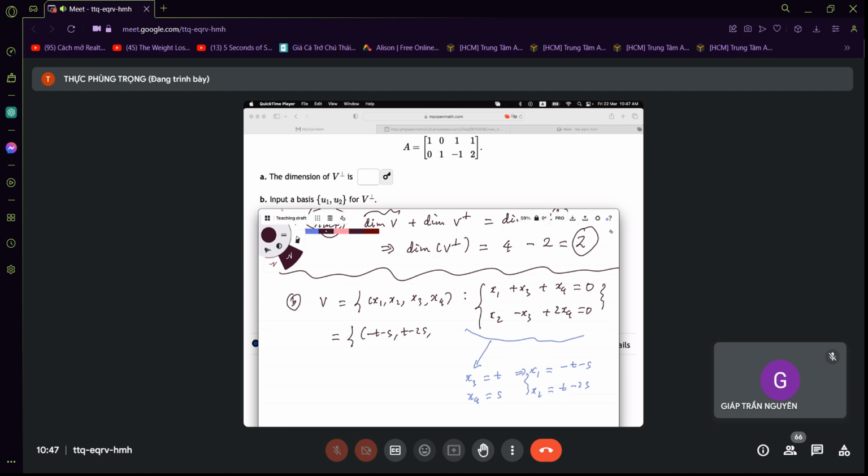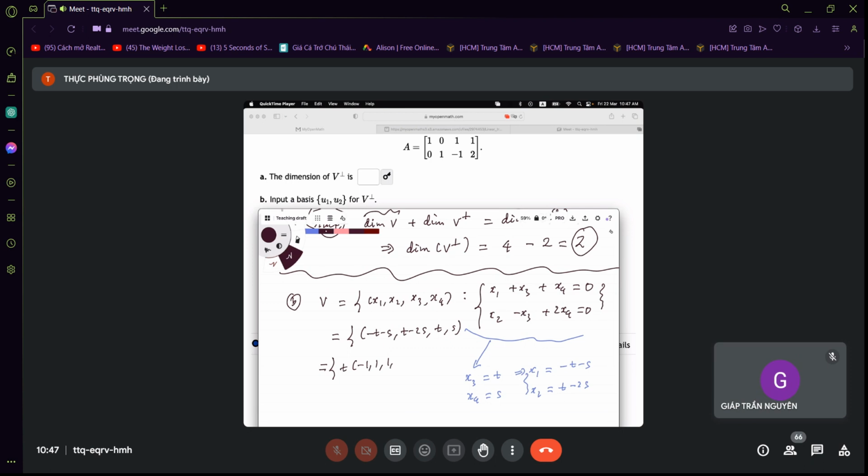In order to see a basis from here, you take T and S out, right? That's the normal way we do. We write T right here, and then we have this one inside, and we take S outside.